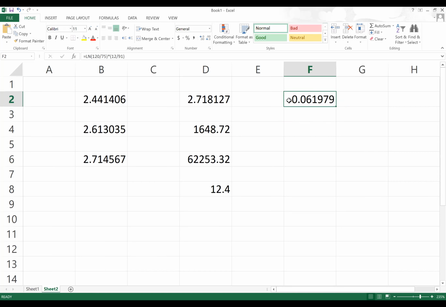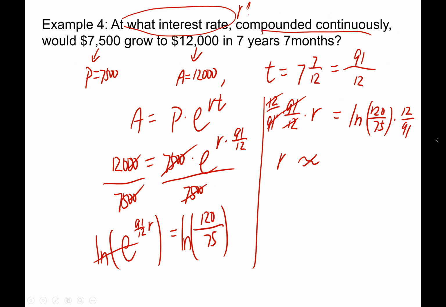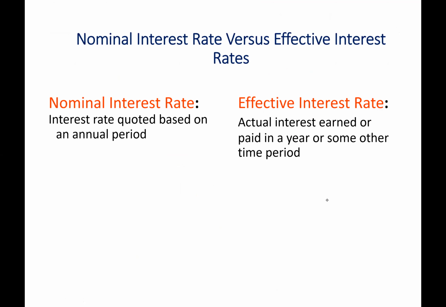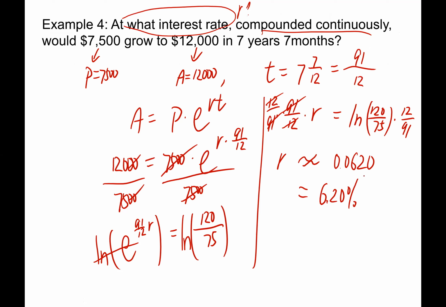This turned out to be, to 4 decimal places, 0.0620. That's the answer. And if you turn it into a percentage, it will be 6.20%. That will be the percentage we're talking about.